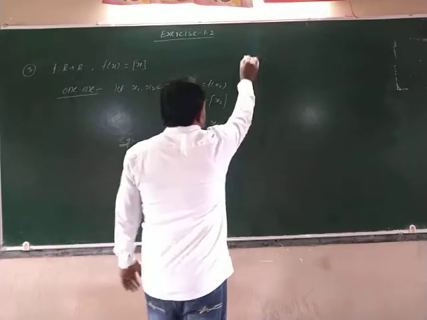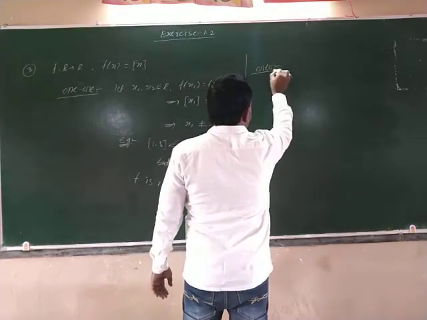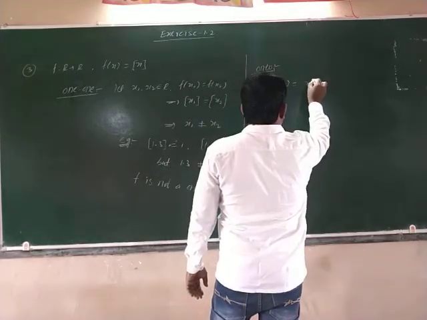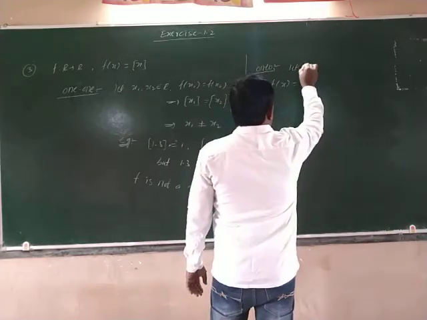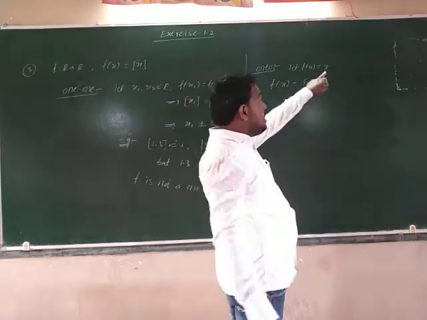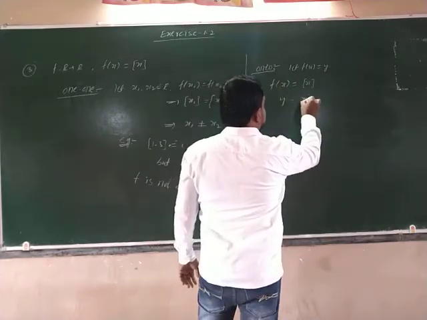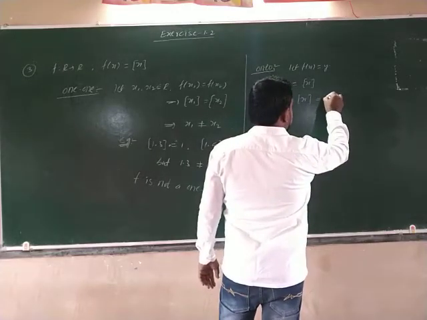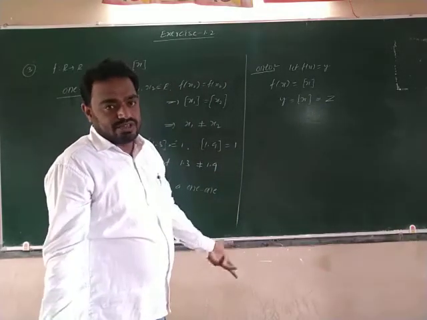Next, coming to onto, or surjective. See, f of x is equal to the greatest integer of x. Let f of x be equal to y. So y is the output, nothing but the range. So y is equal to step x. This step x is always in Z, that means step x gives integers only.